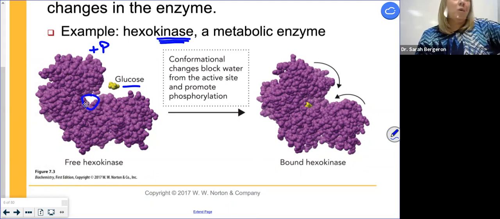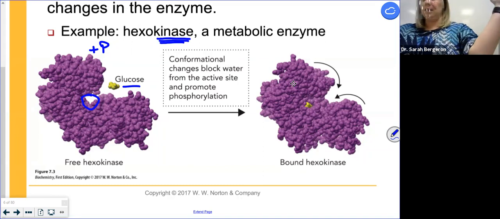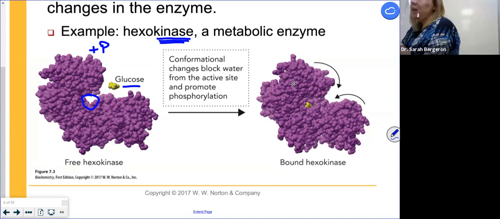So do you see how normally when it's unbound, we have this enzymatic pocket right in here. It's exposed to the solvent. That's good, because what's inside the solvent? It's substrate. But once the substrate binds, in order to facilitate that kinase reaction, those two sides of the molecule kind of collapse in and hide the glucose from water.